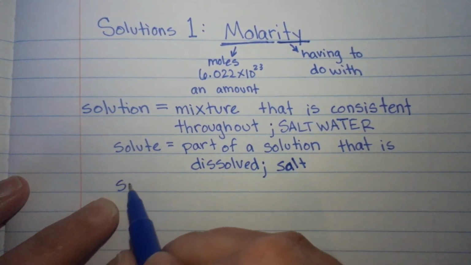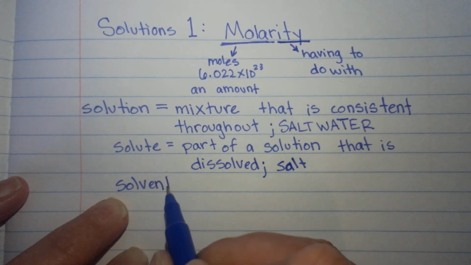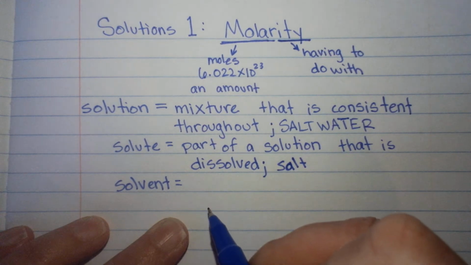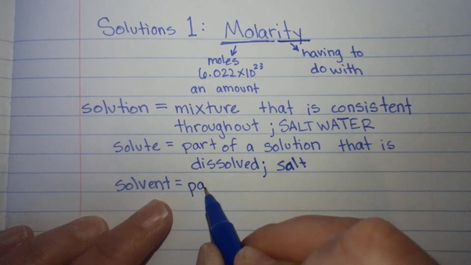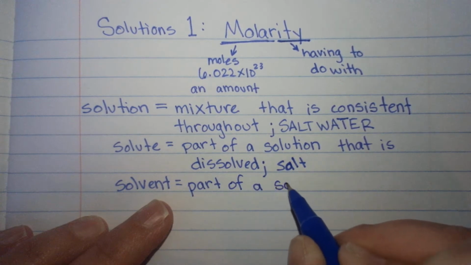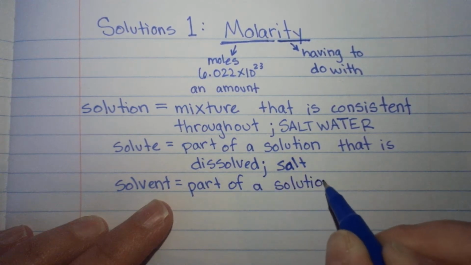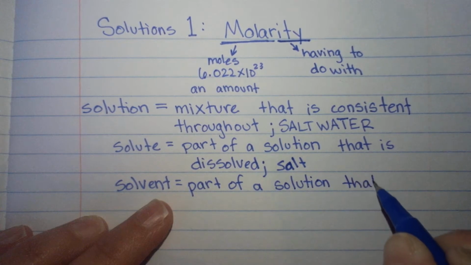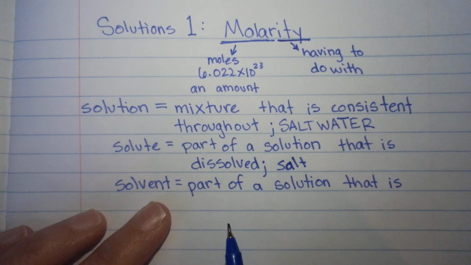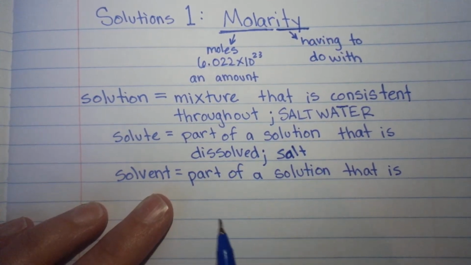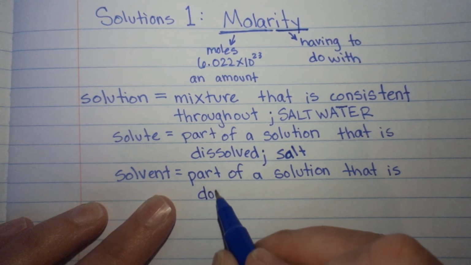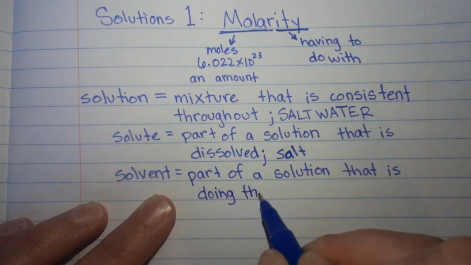The solvent is the part of the solution that's doing the dissolving. That's a lot of words to write, but I'm going to write it that way because it's very clear. The solvent is part of a solution that is doing the dissolving.